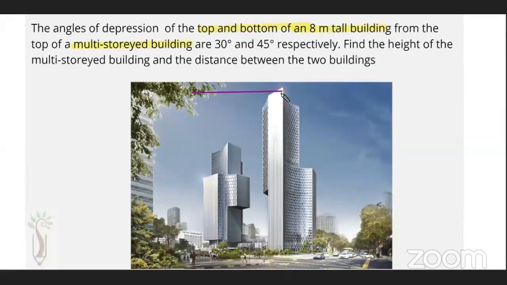Gaurav, which side building should I mark as 8 meters? The left one or the right one? Right. Wait, Gaurav, is the left shorter or the right building shorter? Left is shorter.